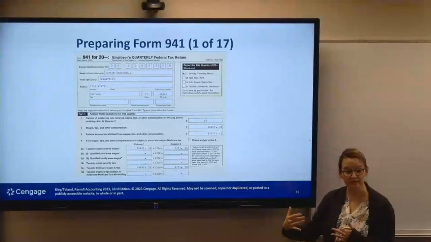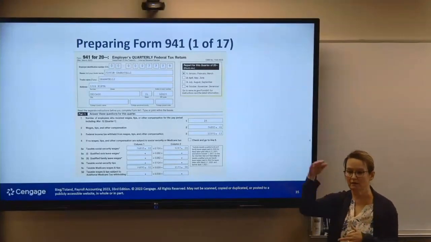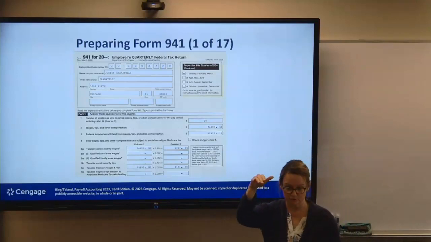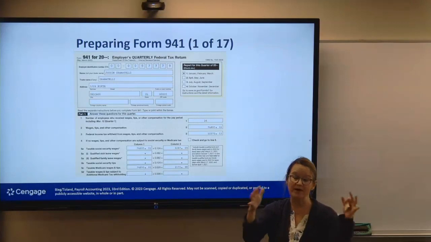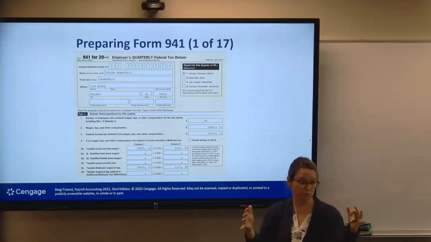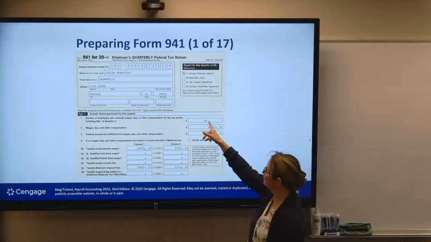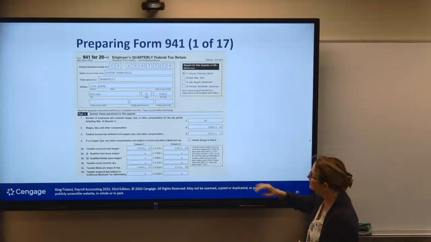So the pay period that includes March 12th. You would go back to that payroll register and count the number of employees on that March 12th, or whatever period included March 12th, how many employees there were that were paid. And that's the number that they want entered on that line 1.